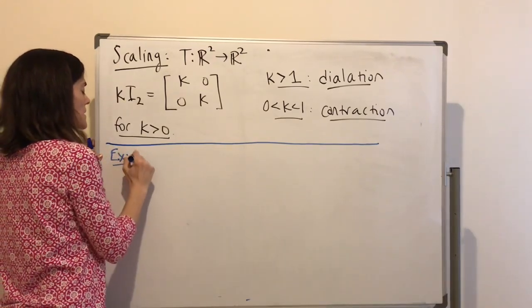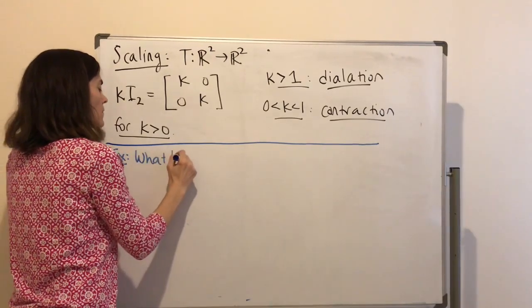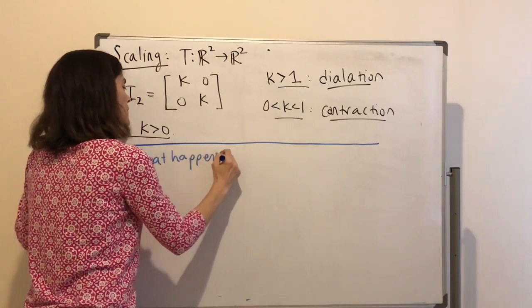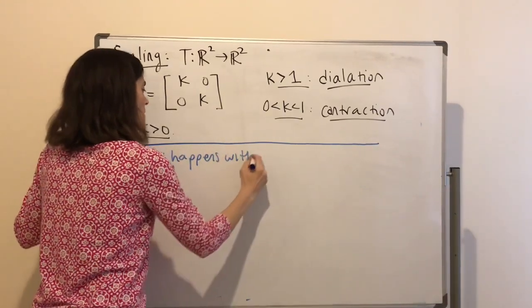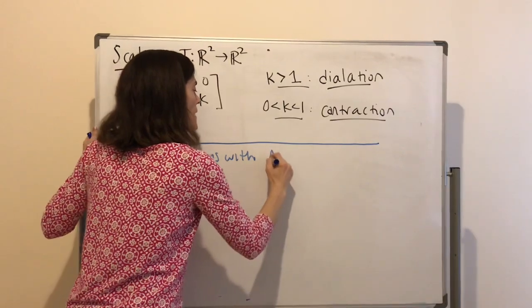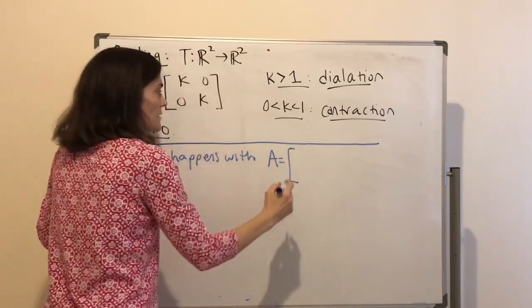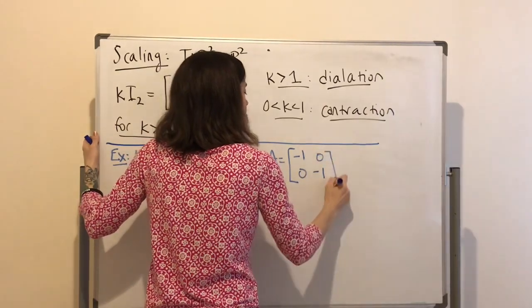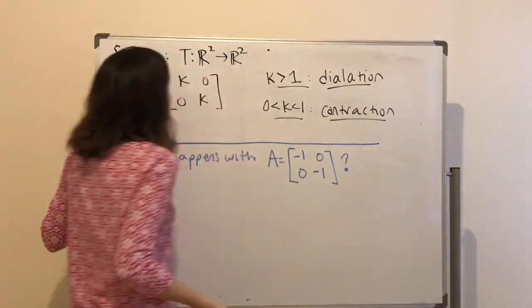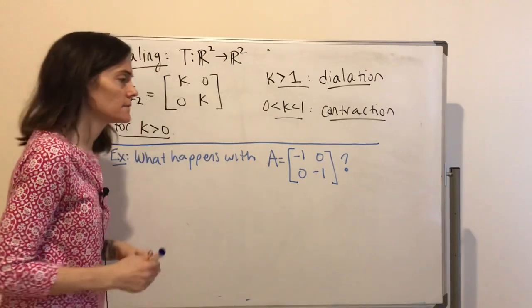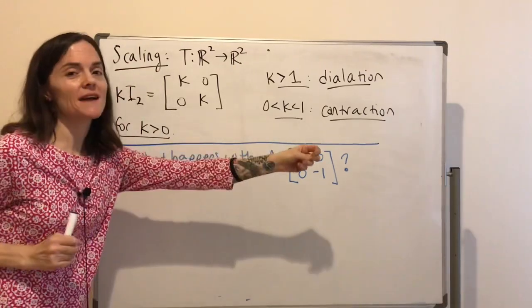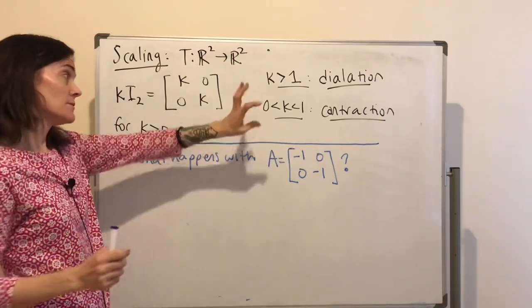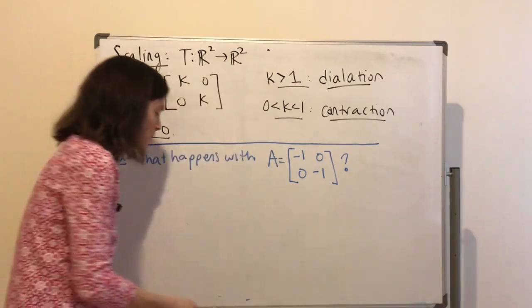But what happens with this matrix? So A, I'm going to put a negative k. Well, this is not scaling. We're not just stretching a vector or shrinking a vector, dilating or contracting, however you want to think about it.